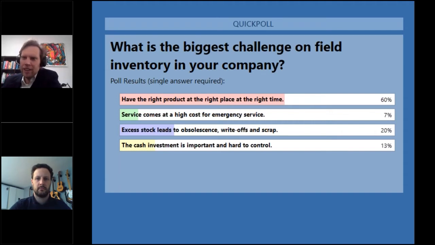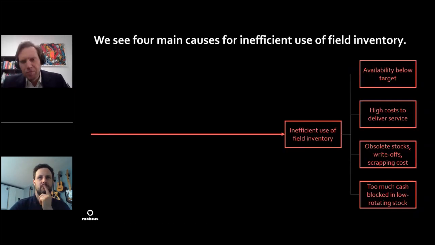So availability is indeed often the biggest issue, with obsolescence as a distant second, and investment as a third. So around these pains, we have tried to list what we see as the main causes of inefficiency.